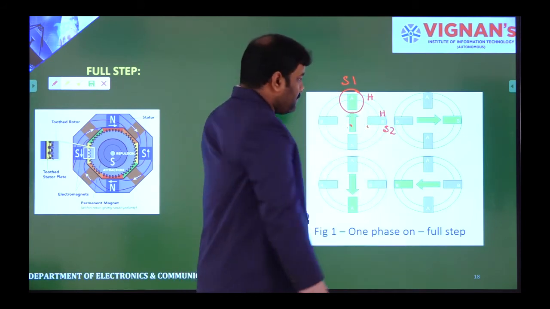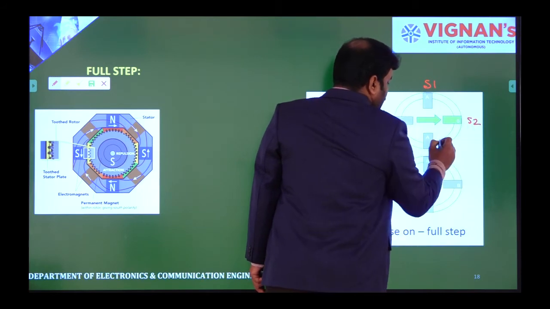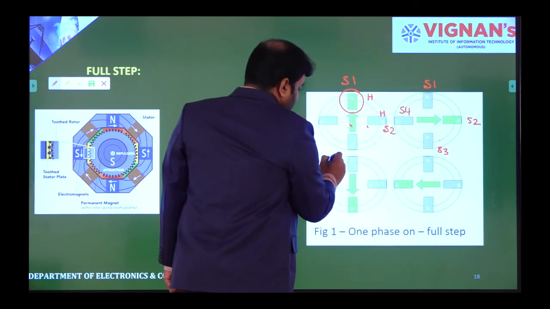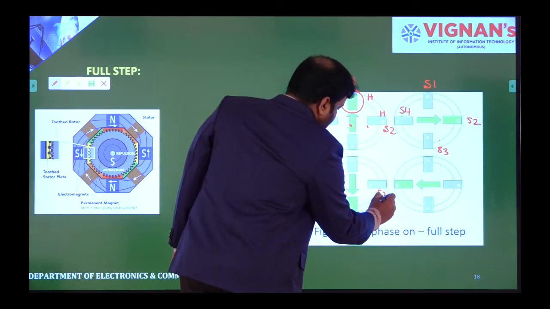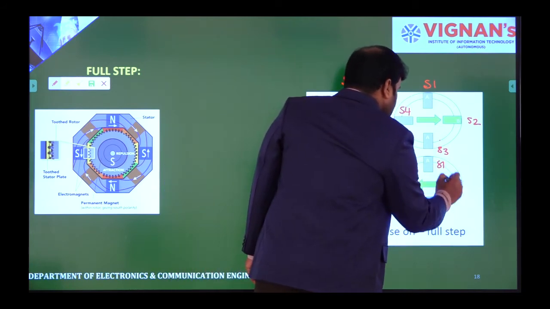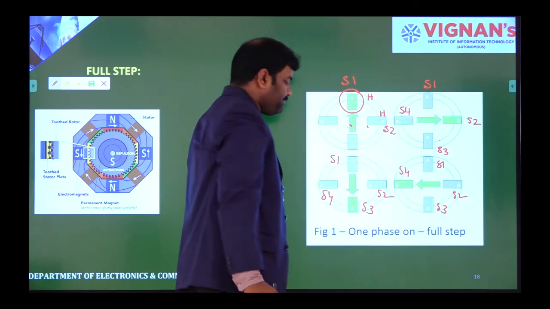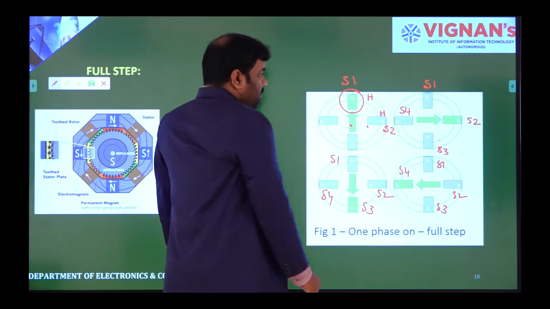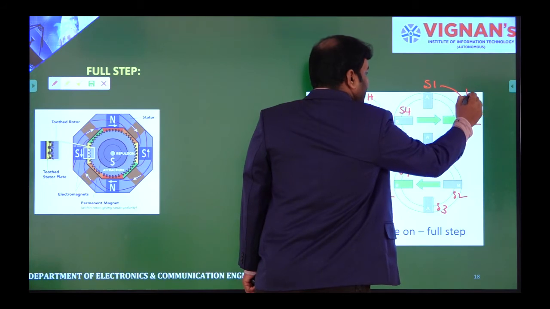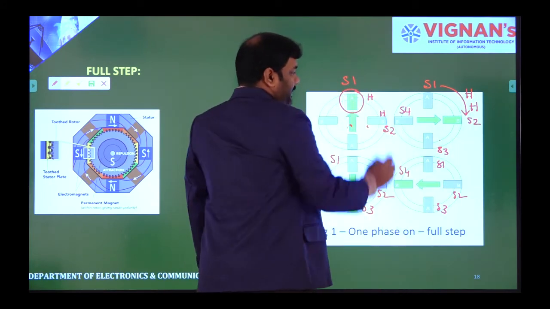This is S1, S2, S3 and S4, then S1, S2, S3 and S4 again. So it rotates directly from S1 to S2, but it needs 2 higher inputs, which we are providing for A and B.